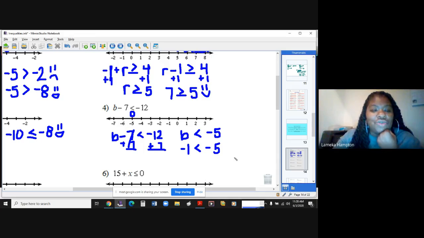No, this is not a true statement because -1 is closer to 0 than -5 is. So we're going to give him a sad face because that's not true. So that means any number to the right would not make this true. So that means I need to go back to the left.